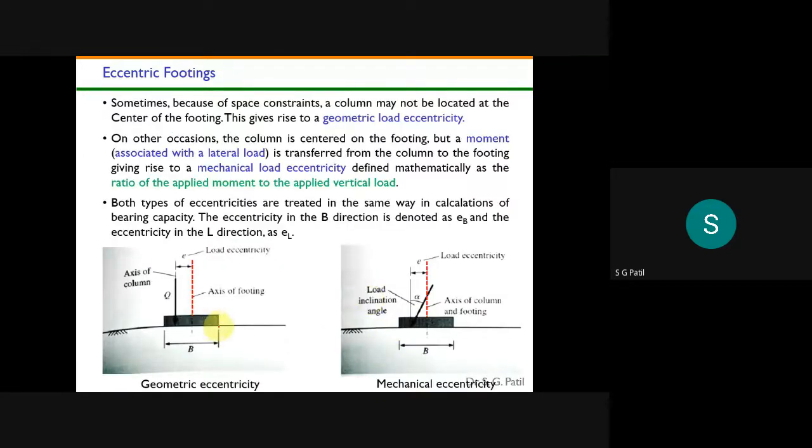There are two types of eccentricity that come into the picture. One is where your column itself is off by a certain distance, that is E. That kind of eccentricity is called geometric eccentricity. And there is another kind of eccentricity, where your loading is inclined or horizontal. For example, in the case of a retaining wall, I will come to that in the third unit, where we will discuss retaining walls.